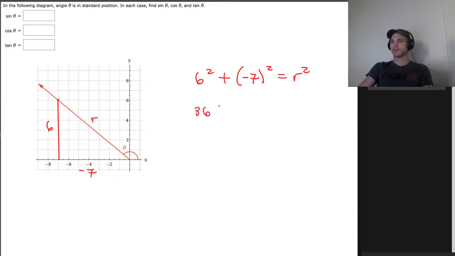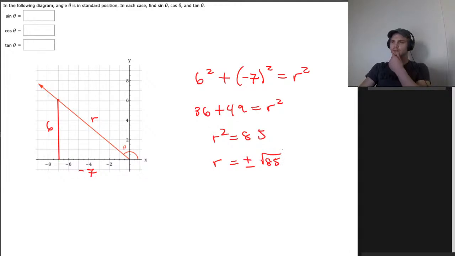So we've got 36 plus 49 equals r squared, and this is 85. So r squared equals 85. We take the square root of both sides. r equals plus or minus, let's see, 17 times 5, so we can't really reduce this, √85. Okay, so that's √85.